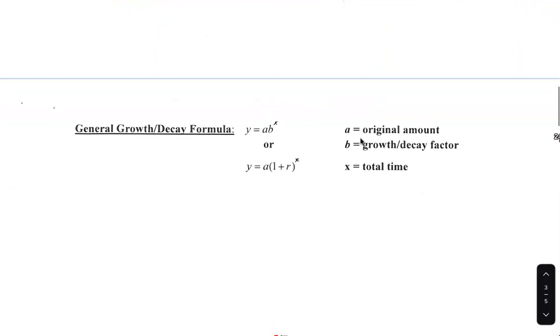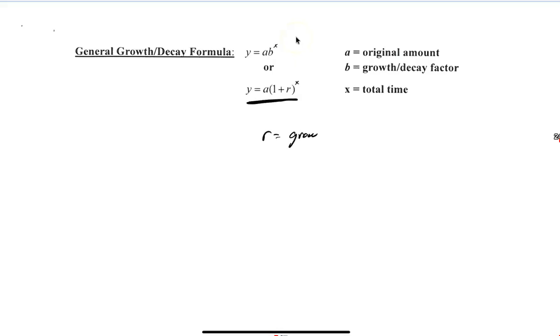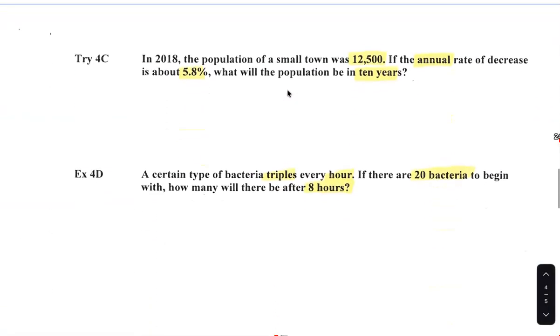But we could also do growth and decay problems. With the growth decay problem, we're generally going to use this formula, where again, R is our growth or decay rate of change. So that's how much our thing is either growing or decaying by. Other than that, it's a general formula. So let's do an example right here.